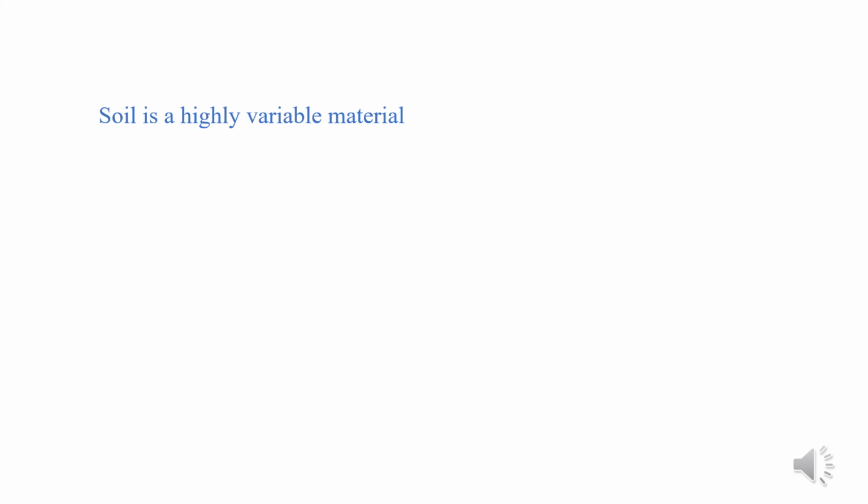Moreover, we must also add that soil is a highly variable material. Definitely a civil engineer must take into account the various factors that affect the behavior of the soil. He or she must keep in mind the stress-strain relationship of the soil, which is highly non-linear and definitely varies from soil to soil.